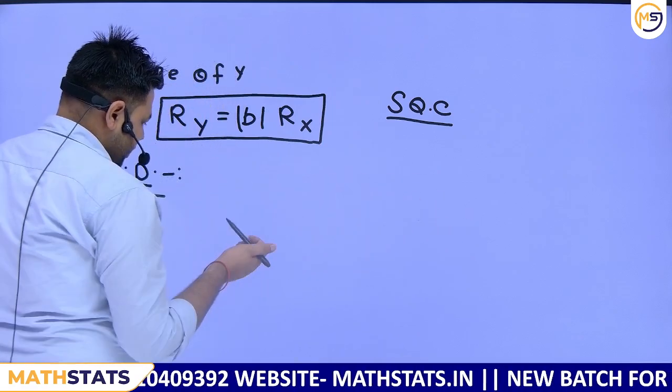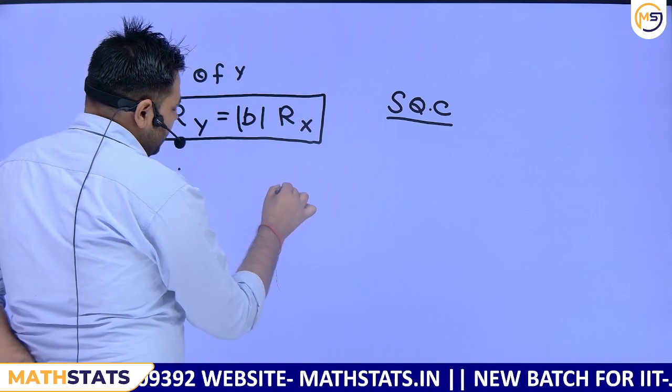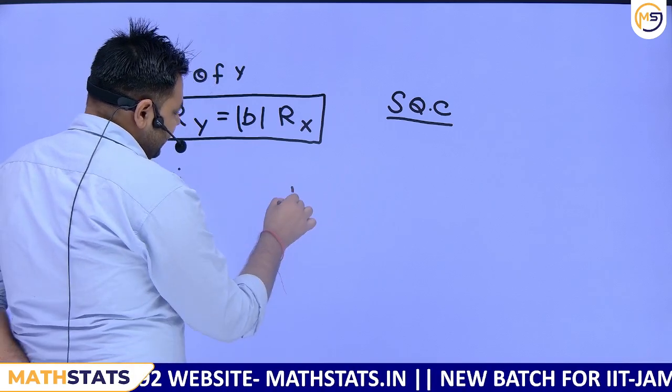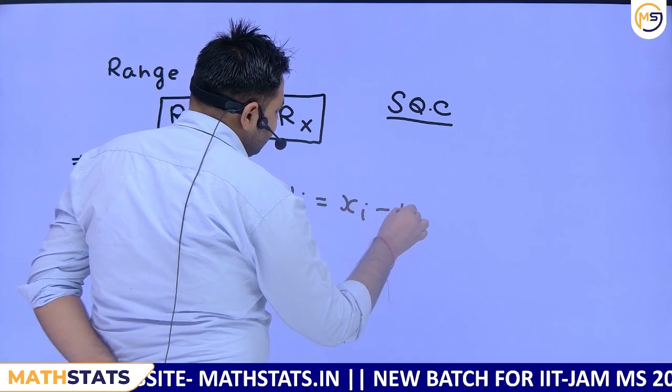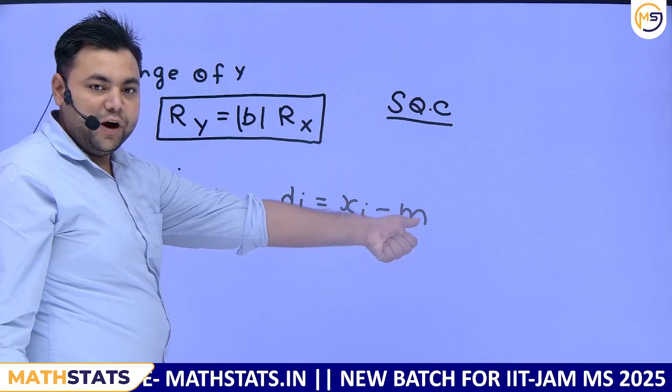First let us talk about deviation. What is deviation? Deviation di equals xi minus m. This is the deviation of xi about the point m.